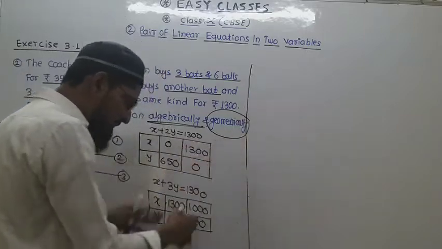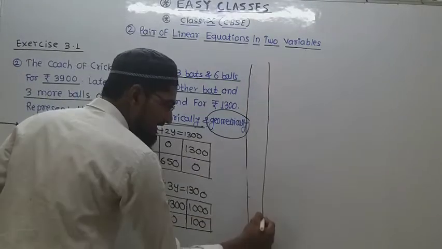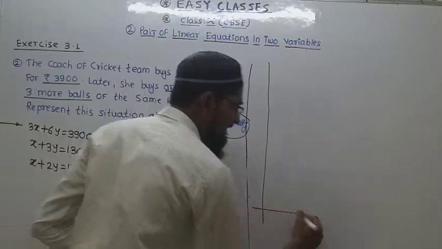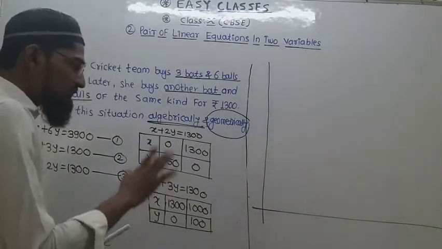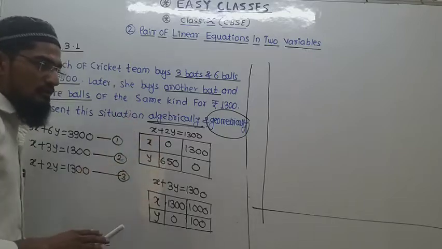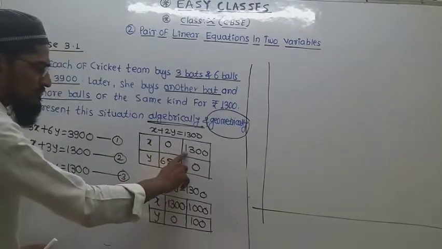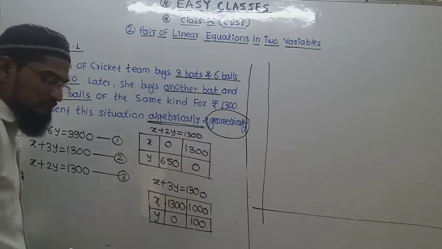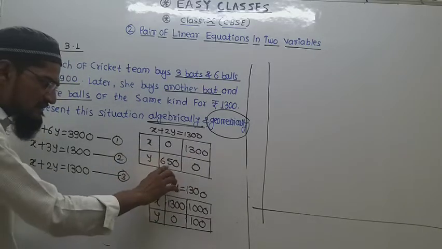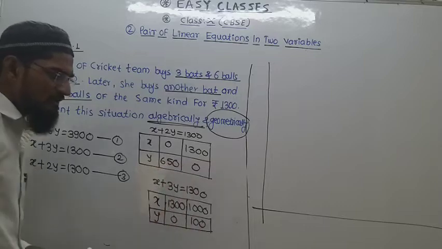So now all are positive, so I directly take a graph like that. Here first we have to observe which is the bigger number. On the x-axis, 1300 is the biggest, and on the y-axis only 650 is the biggest number.